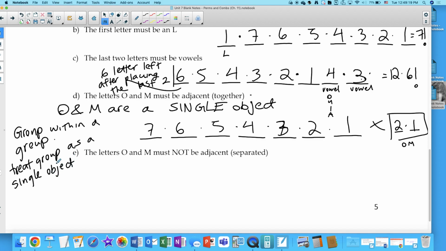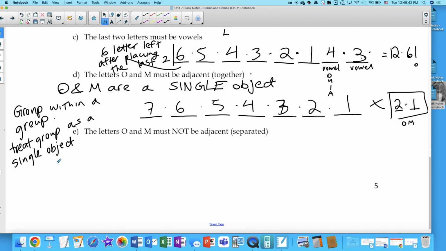If the group is a single object, in this case, there are only 7 objects now. So you do the 7 factorial to see how many different ways you can arrange that group plus the 6 other letters, but then you also have to multiply it by the number of ways that you could arrange the objects in the group.